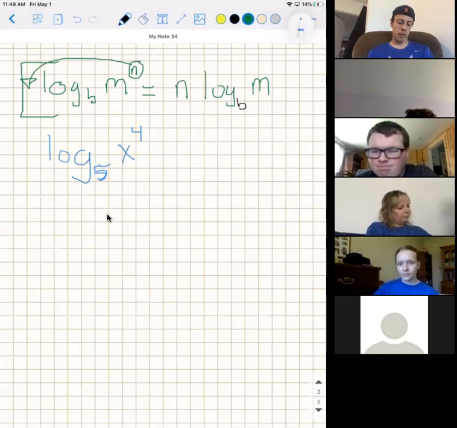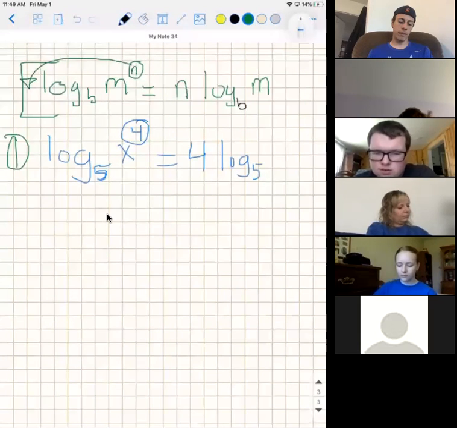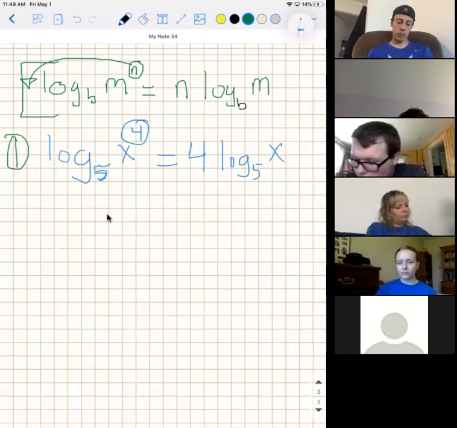This will be our first example. Let's take this exponent and put it out in front. So we could rewrite this as 4 times log base 5 of x. The exponent you can just bring down in front of the log.